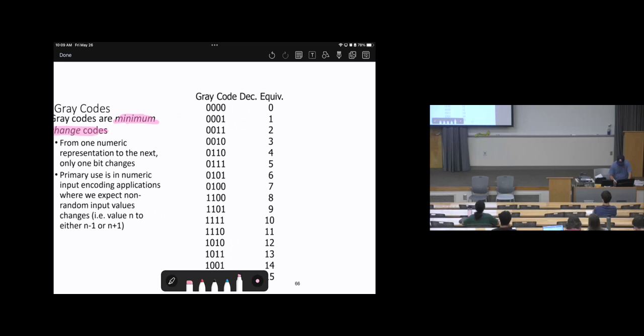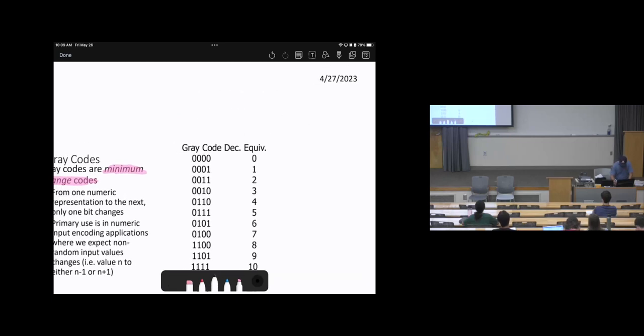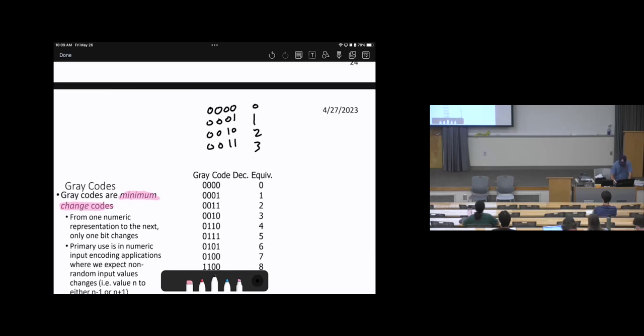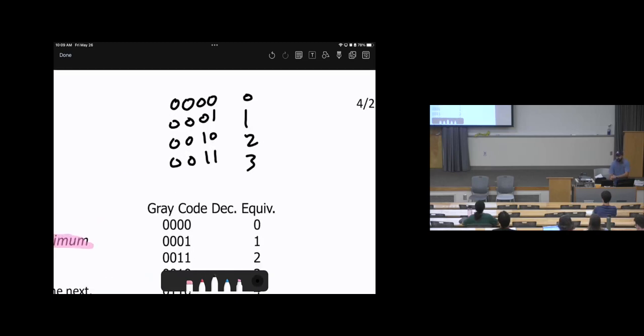What does this mean? In the regular code, we used to say 0000 for representing 0, 0001 for representing 1. Then 0010 to represent 2, then 0011 to represent 3, right? That's in the normal one. Is this fine?